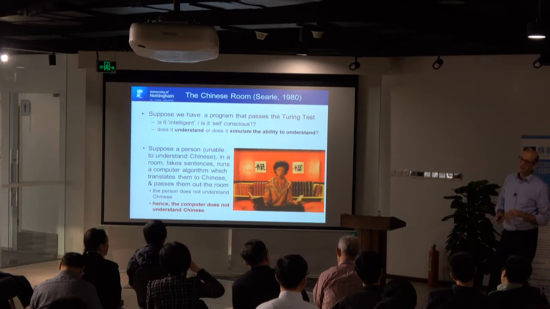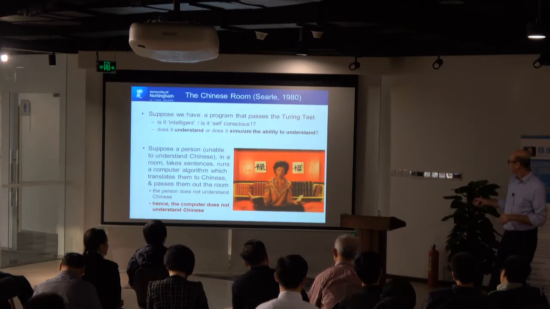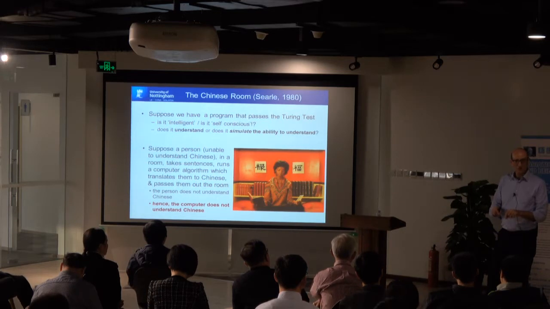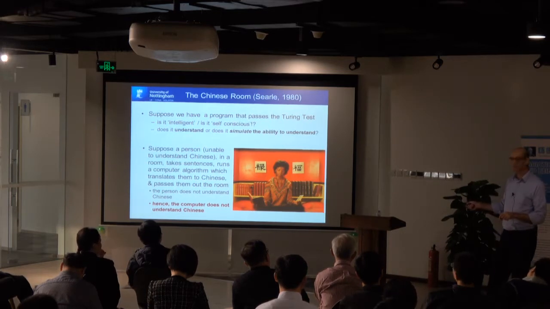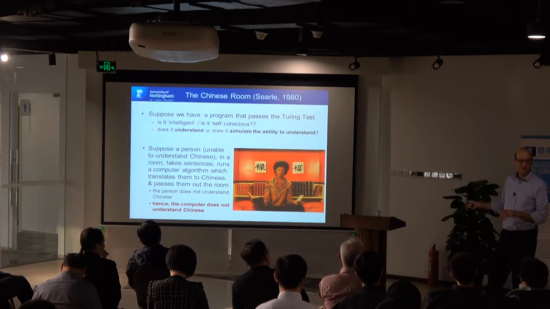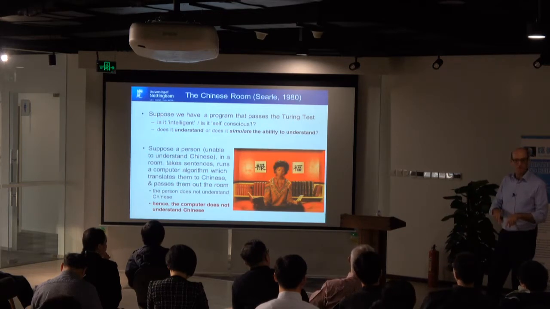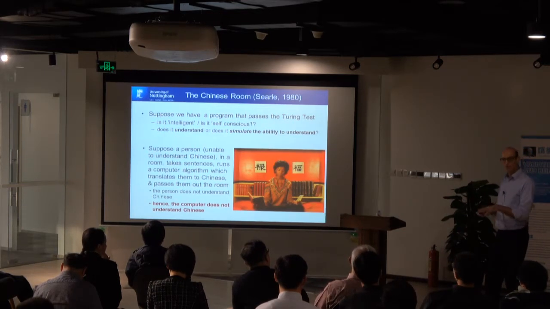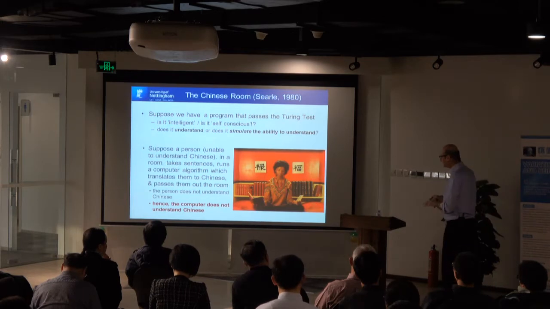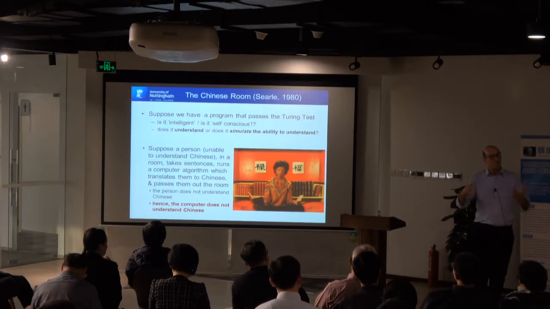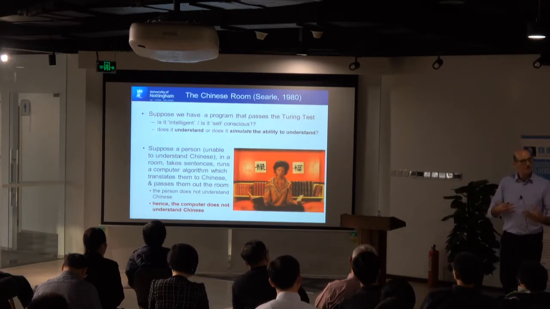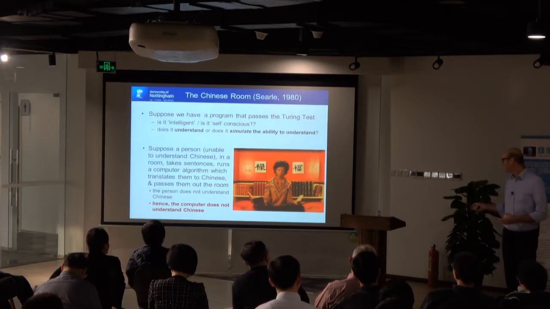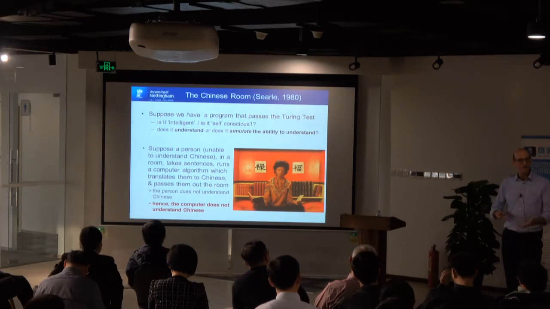But it's absolutely clear, isn't it, that the person operating those algorithms doesn't understand Chinese. They're just operating the computer program. So this person is mimicking the CPU, the computer. The computer is just running the algorithm.